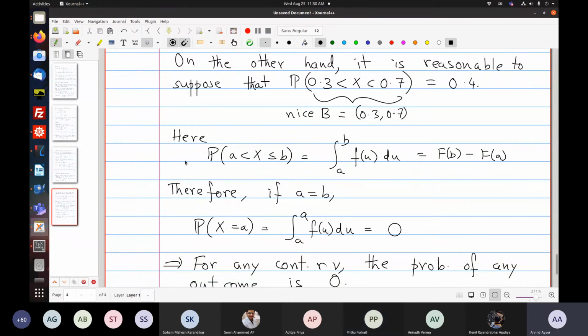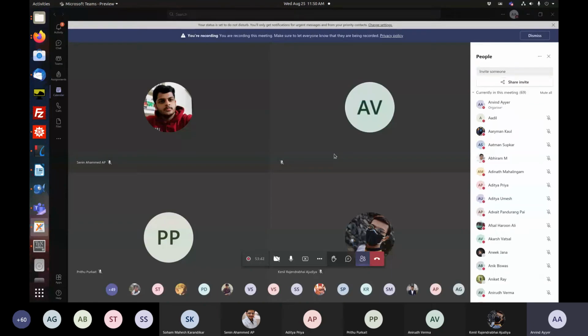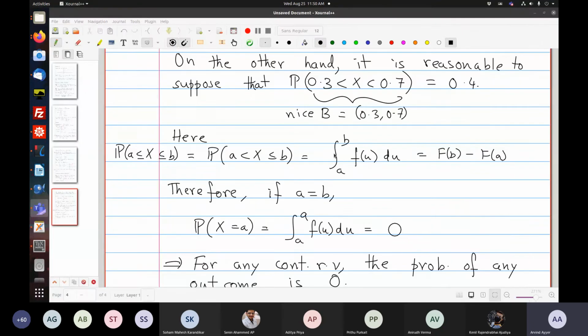But as you know from your 101, this is also equal to the other versions. I wrote this because I wrote that earlier, but I could have taken A less than X less than B and whatever. All of them have the same integral, because the width of any point is 0.